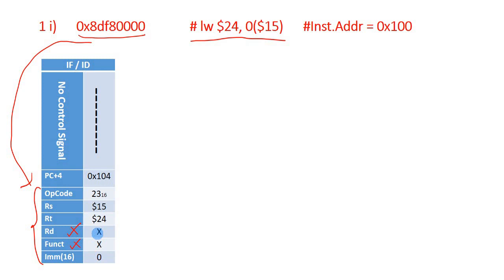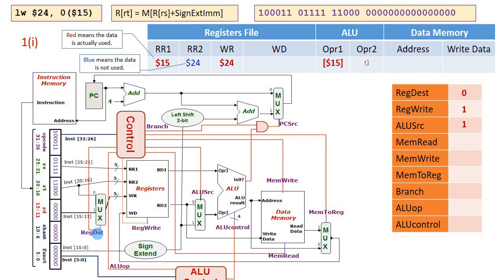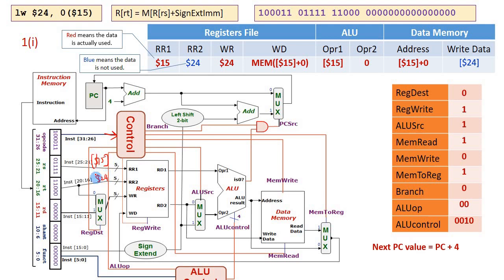Now before we look at the pipeline process, let's quickly recap the single cycle processor. I'm going to take this 32-bit instruction, and once I get it, I automatically trigger the control unit, and I also get 15 here at RR1 and 24 here as RR2.